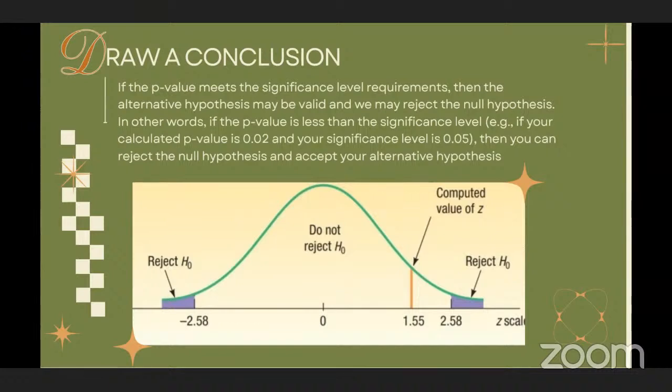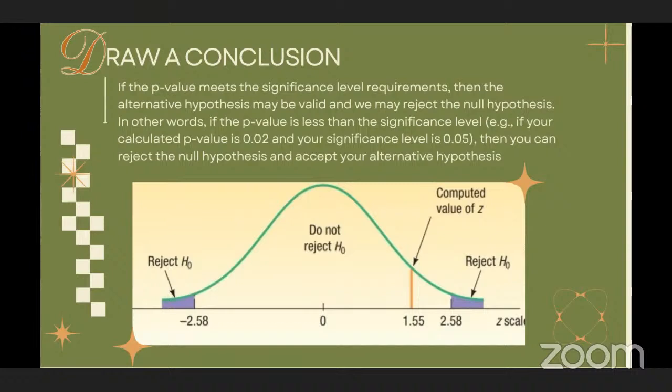In the picture shown below, to reject H sub 0, the null hypothesis, the statistical value must be in the shaded area, where minus 2.58 is the critical value and 1.55 is the statistical value.